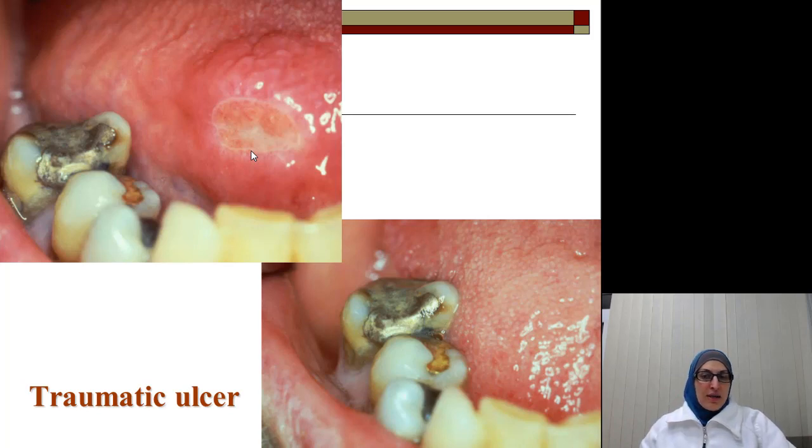It is actually the beginning of cancer, and it happened to be in this location, and you thought that it is traumatic. You extracted the tooth, dismissed the patient, and that's it. The patient will come to you after like 6 months telling you, doctor, the ulcer, I think it has got bigger. And when you see it, it's a cancer.